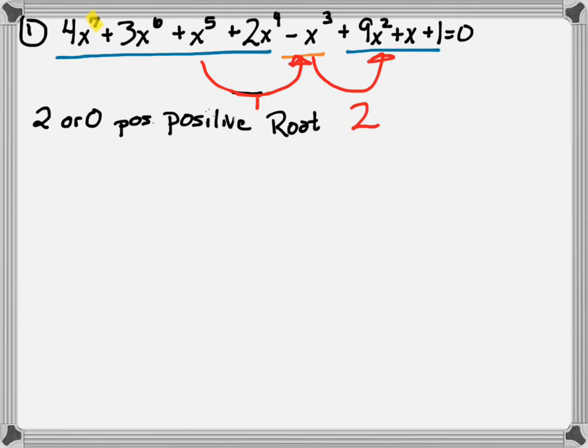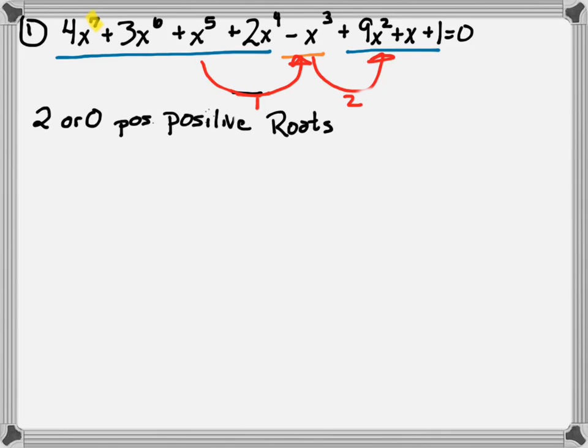Possible positive roots. Oh, and let me move that 2. Possible? Okay. So our possible positive roots are determined by the sign changes of the original problem.